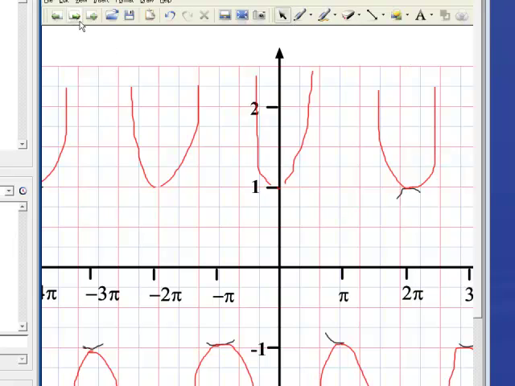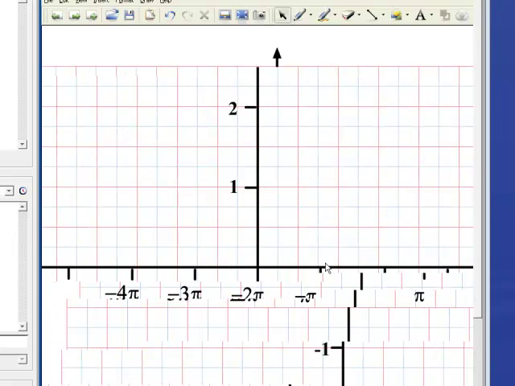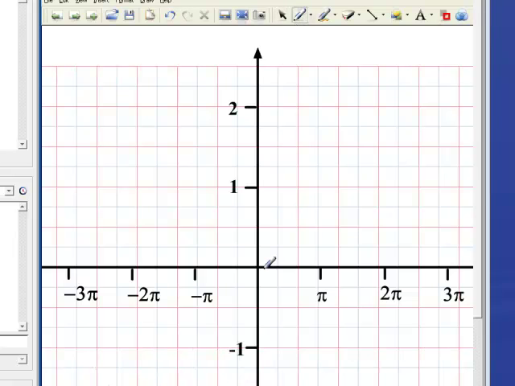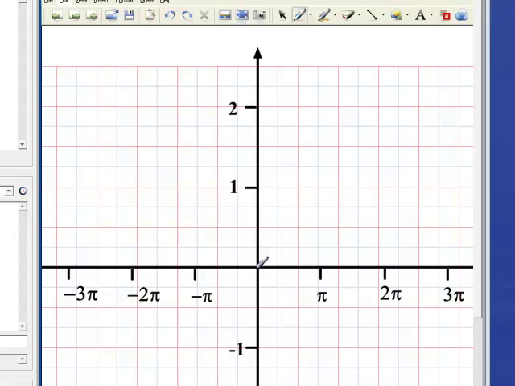Okay, the tangent. So the tangent would start here at 0 and then go all the way up to infinity where it hits pi over 2. That was a little bit too slow actually, so I'm going to take this off here. So there we go. Okay, then it comes from negative infinity and then hits pi right here and goes again to infinity.